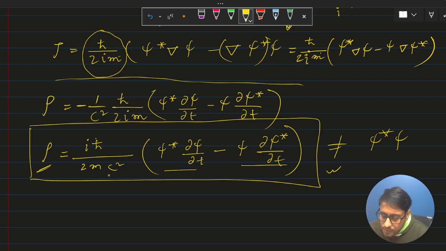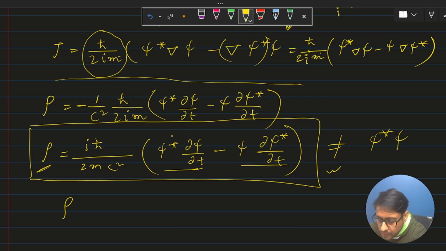Now if we closely observe this rho, we find that it involves a derivative term first, which means it is time dependent. It is not giving you a constant value, rather it is time dependent.